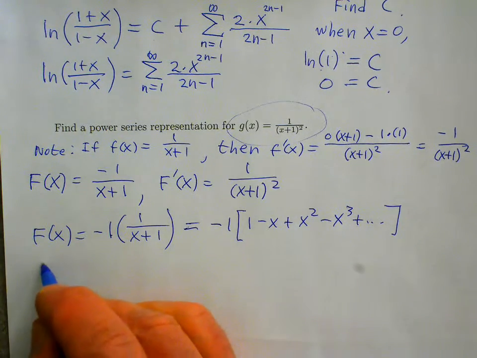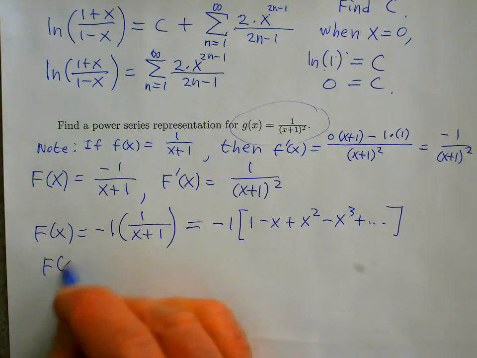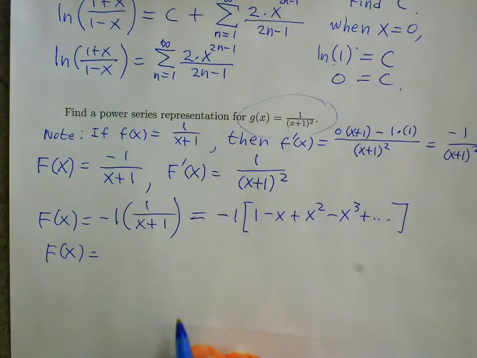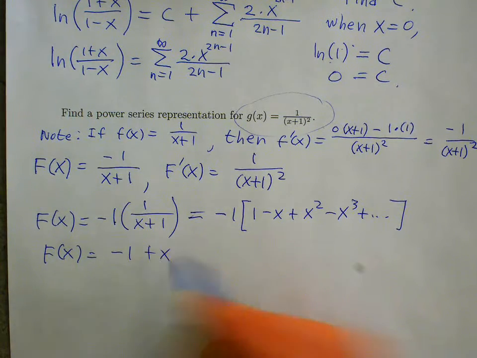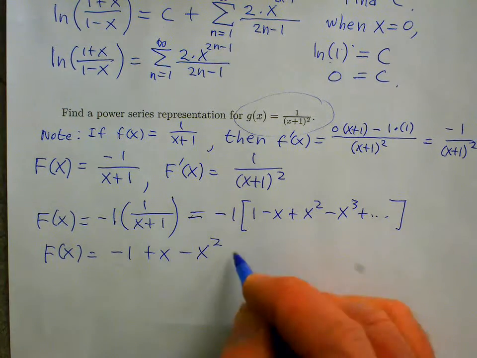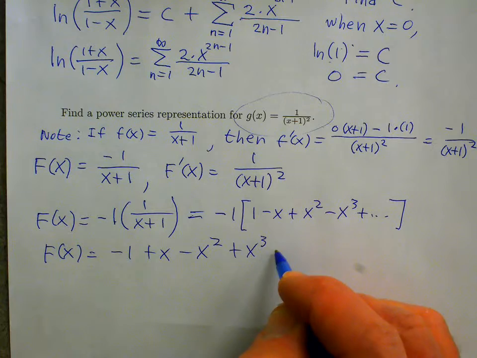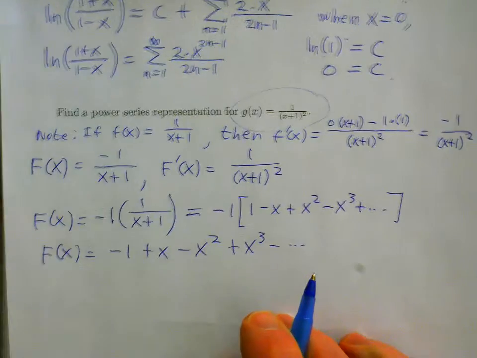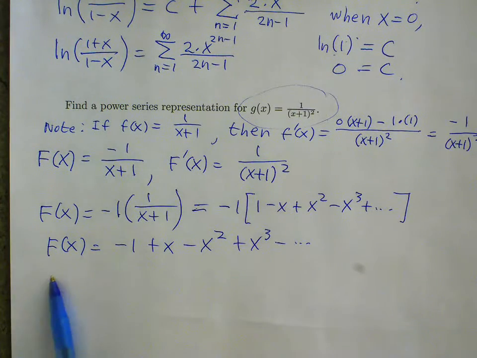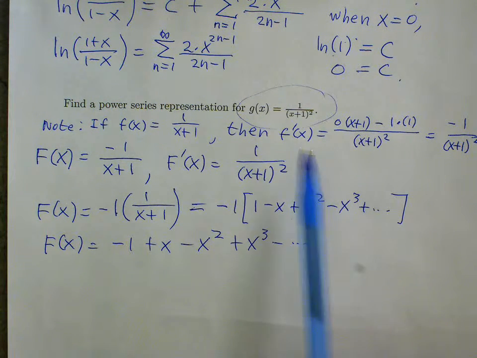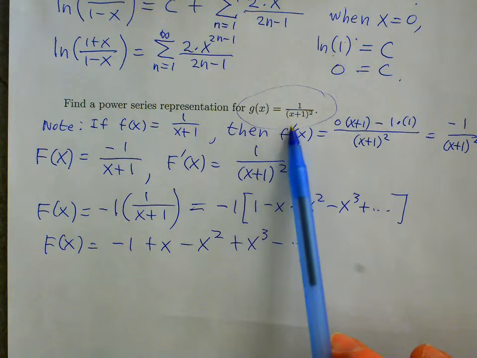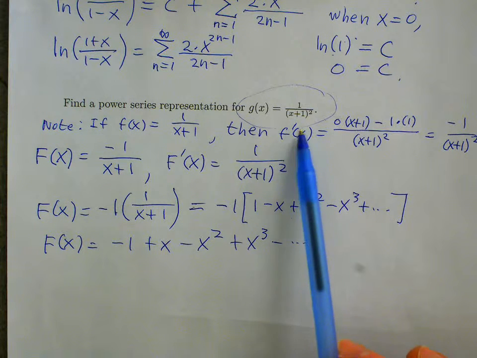Multiplying this by negative 1, we get negative 1 plus x minus x squared plus x to the third, and so on. And then just take the derivative of every term, and that will be the power series expansion for our original function, 1 over x plus 1 squared.